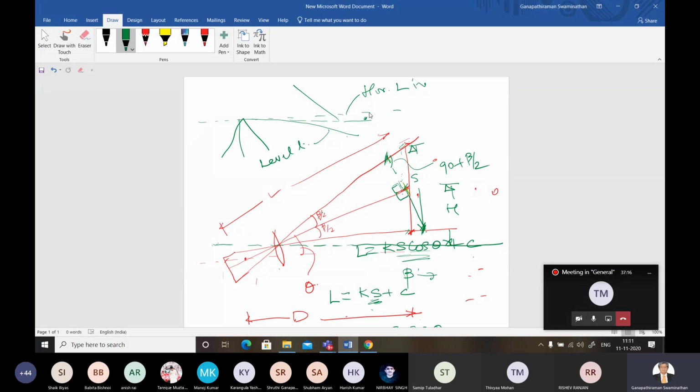You understand that? So why have I drawn that in-between line? Because the line of sight, because of refraction, goes up. The total curvature correction, 1/7 of it is your refraction correction. So 6 by 7 of it.